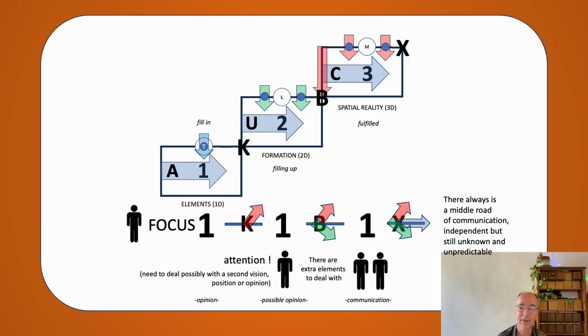So there is an unpredictability there, but we have to notice that this second focus, which is expressed by X, the last letter on the third level, is doing its own thing. Our X is doing its own thing, and that's frustrating when we start to keep our own focus as the most important focus.